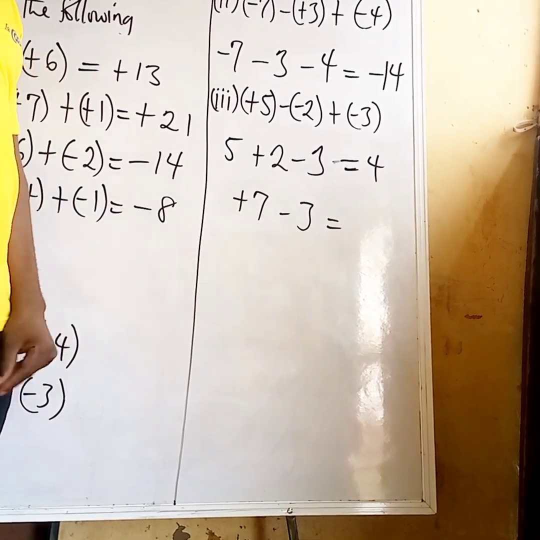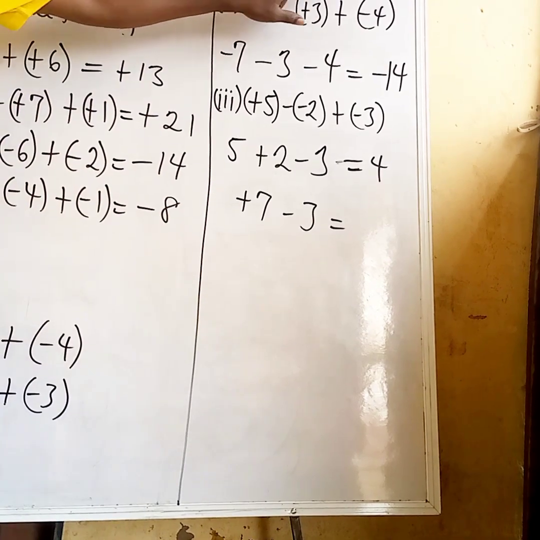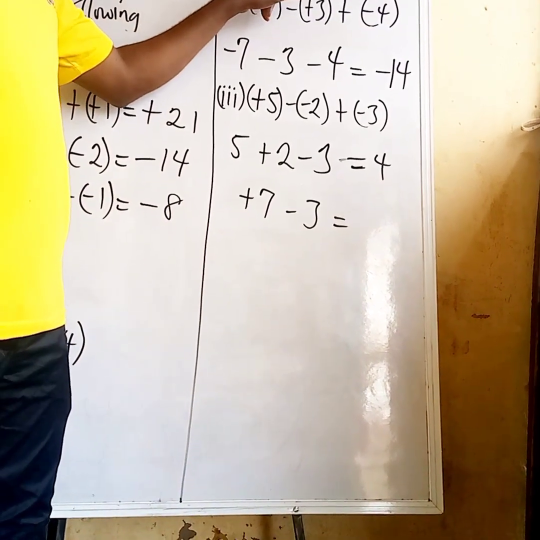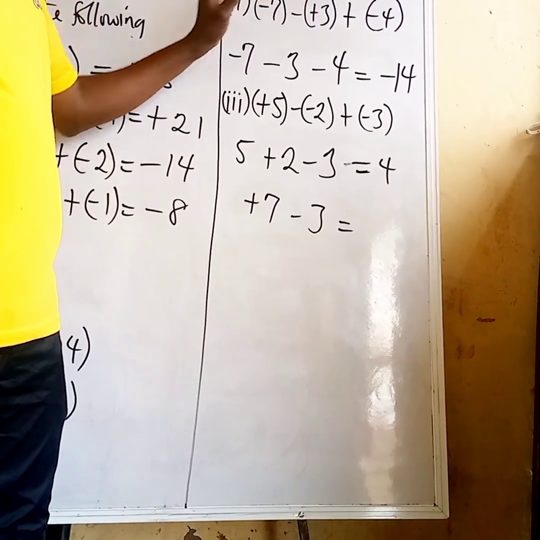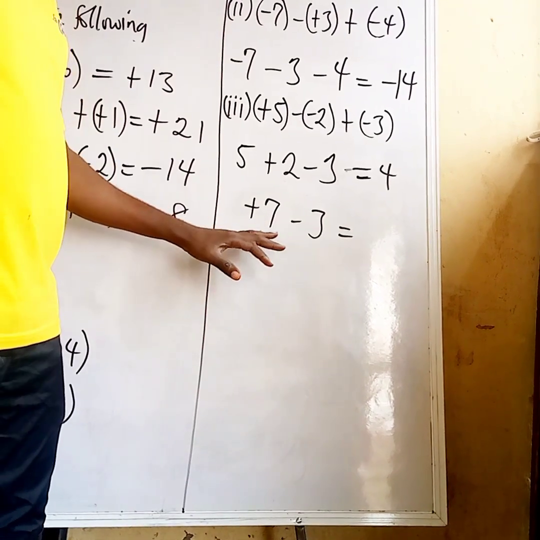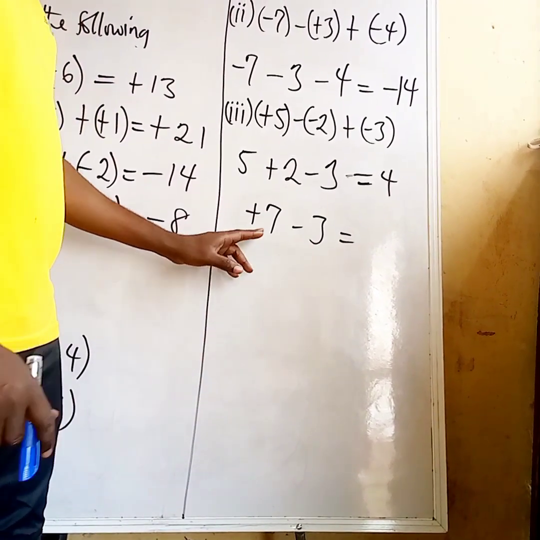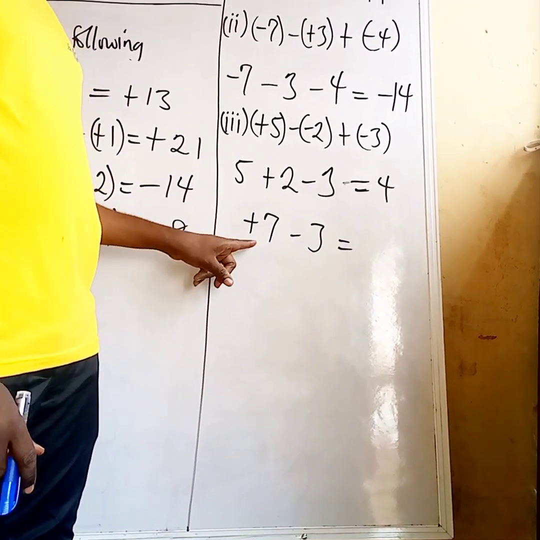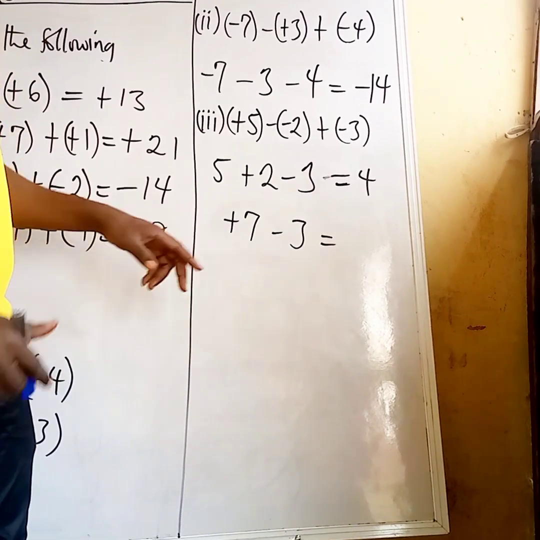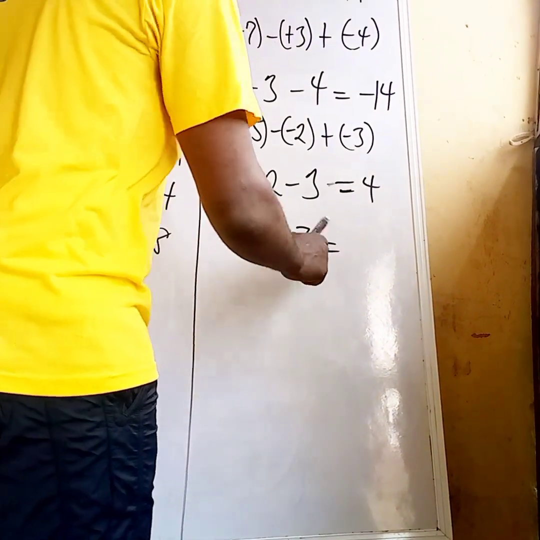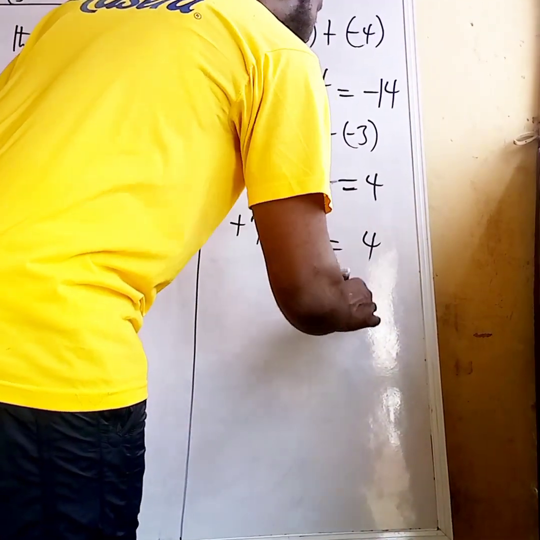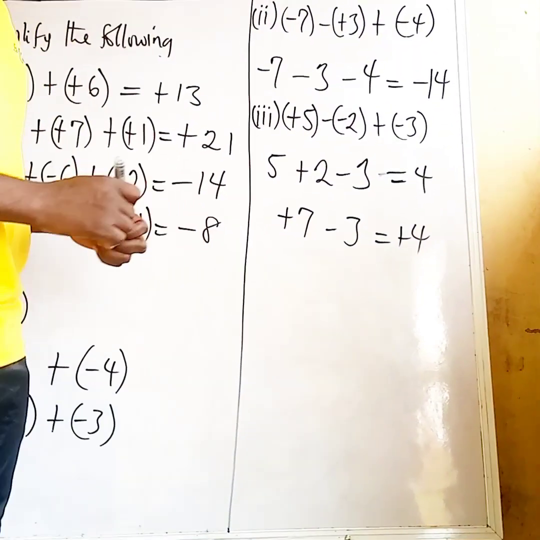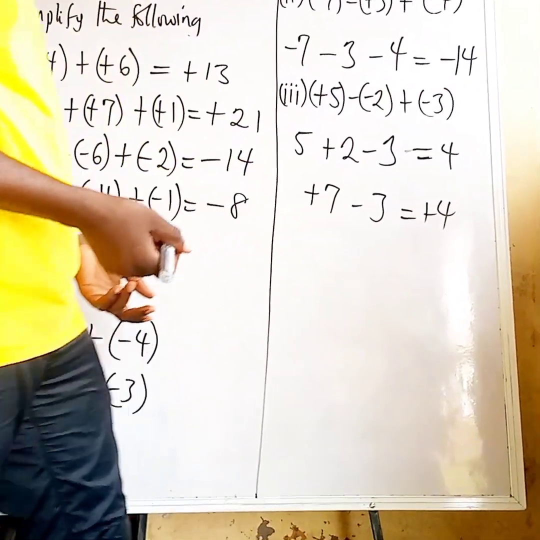Here now we are going to subtract, but your final result will take the sign that belongs to the bigger number. Here we have 7 and 3. You can see that 7 is bigger than 3. So definitely our final result will take the sign from this big number. So difference of 7 and 3 is what? 4. So that is positive 4. Either you write positive 4 or you write 4. Those are the same.